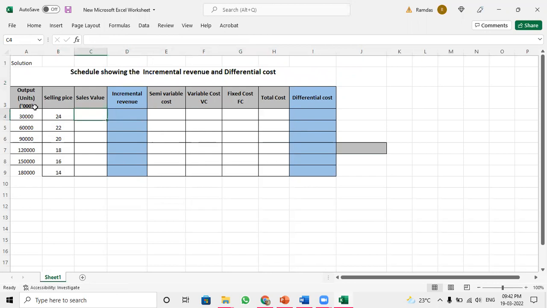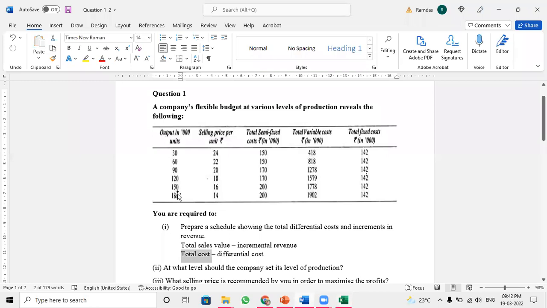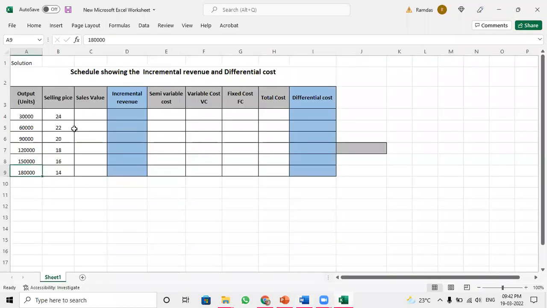The output is given in thousands, so we will take the value in thousands only. So 30,000, 60,000, 90,000, 1,20,000, 1,50,000, and 1,80,000, as given in the question, is taken. And similarly, the selling price is also taken here. The selling price is 24 rupees, 22, 20, 18, 16, and 14.